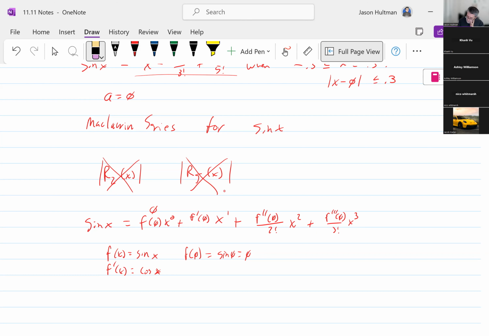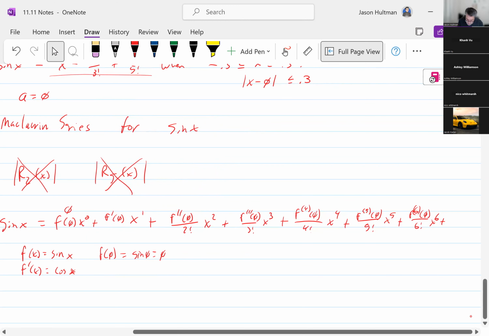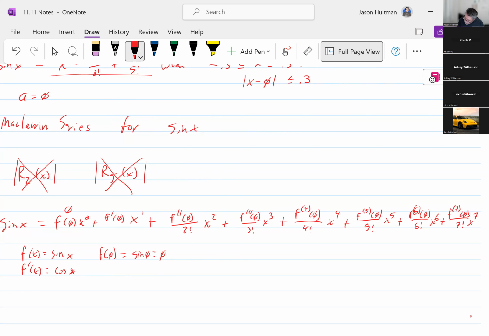However, when we do the 4th derivative, 0 over 4 factorial x to the 4th, I've got to go out a couple more terms here, plus f to the 5th derivative of 0 over 5 factorial x to the 5th, plus f to the 6th derivative of 0 over 6 factorial x to the 6th, plus I'm going to go out one more. It'll fit on the page, trust me. F of 7, 0 over 7 factorial x to the 7th.